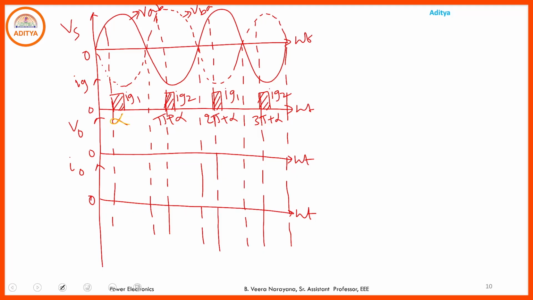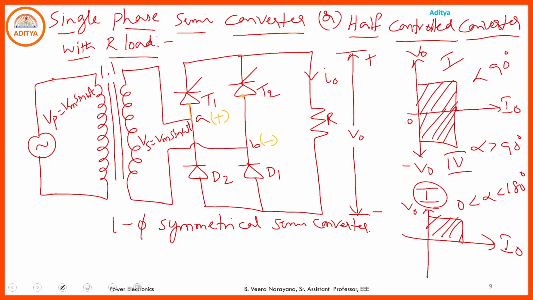So at omega t equals alpha, we provide the control signal to T1. From alpha to pi, T1 is already in forward bias, so the source voltage VAB is transmitted to the load, and the current flows through the circuit from A plus, T1, R, D1, B minus, and the secondary winding of the transformer. The current circulates in this path.